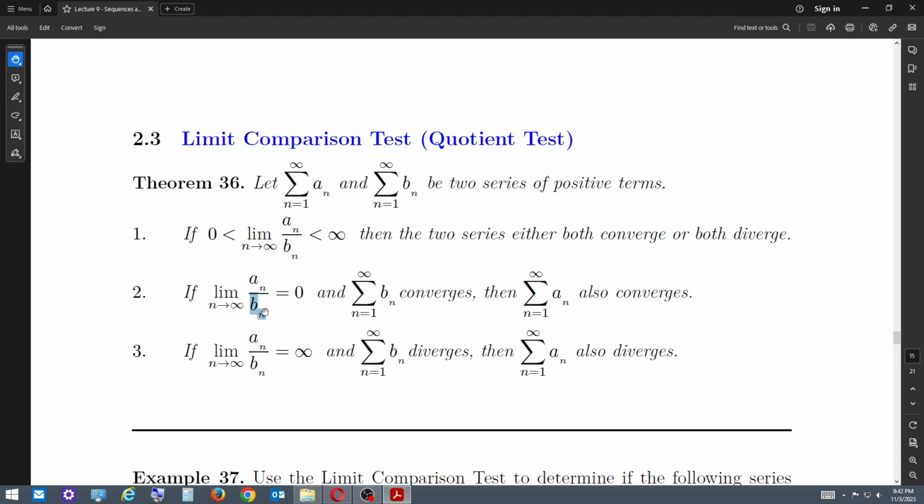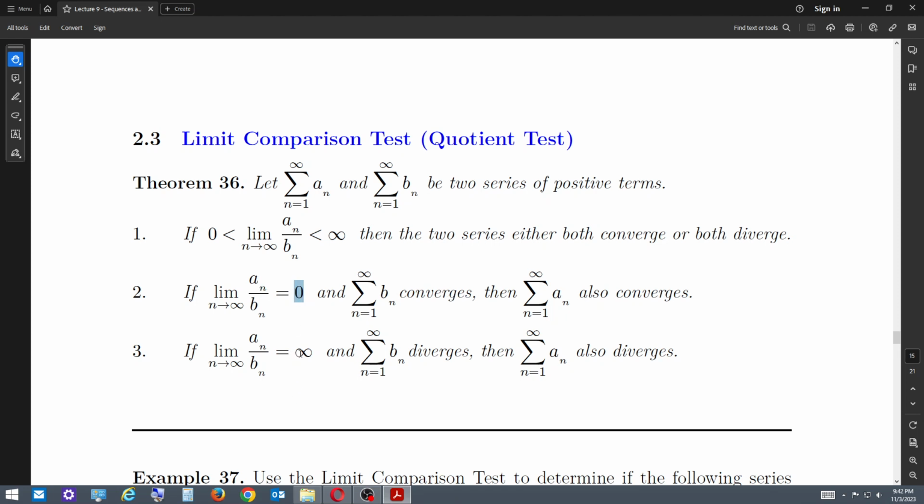Basically, bn is in the denominator, so if that converges, it means it doesn't go to infinity, which forces this thing to converge as well. Because if this went to infinity, you would have infinity over a finite number, which would be infinity, not 0. That is one way you could think of it. But basically, if the sum of bn converges, then the sum of an also converges, assuming the limit was 0.